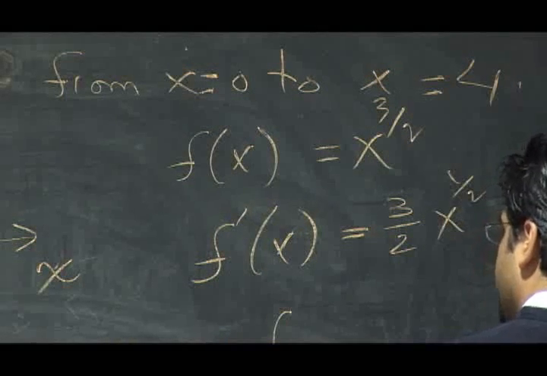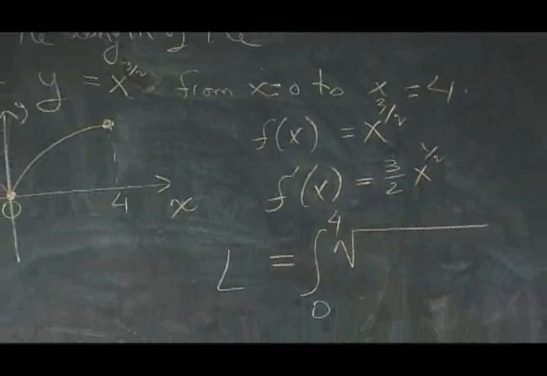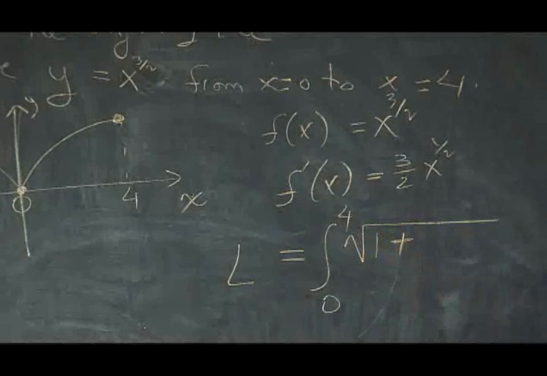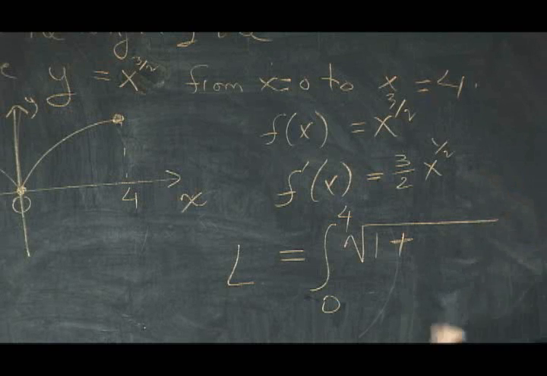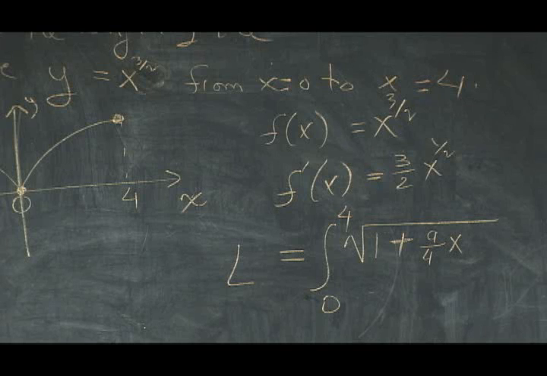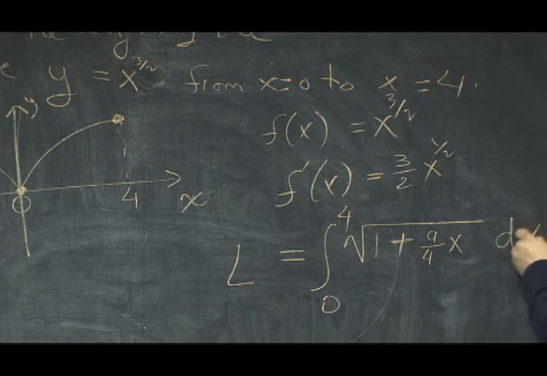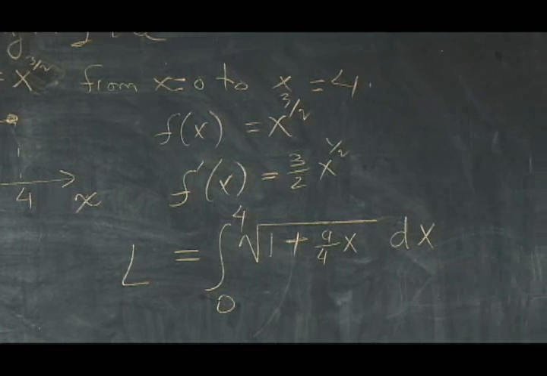L equals the integral from 0 to 4 of the square root of 1 plus the derivative squared. Yes? If you square this derivative, you get 9/4 x. Yes? dx.